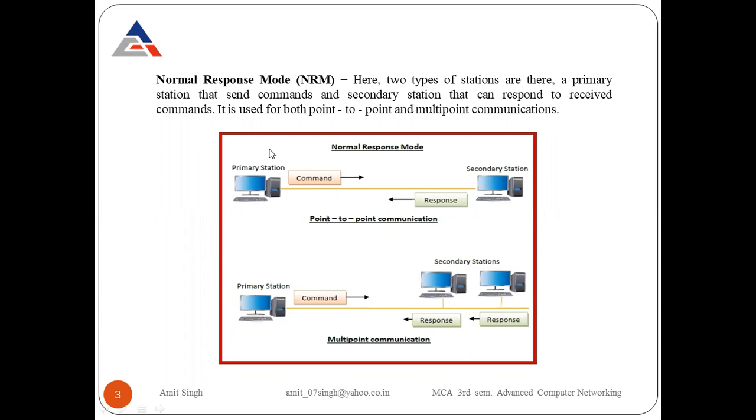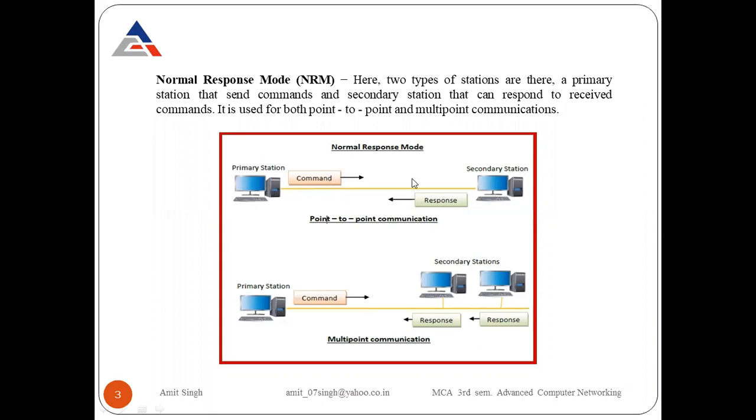So look at the diagram of the normal response mode. In normal response mode, the sender is known as the primary station, and the receiver acts as the secondary station. The primary station can send commands or queries or questions, anything you want to say.